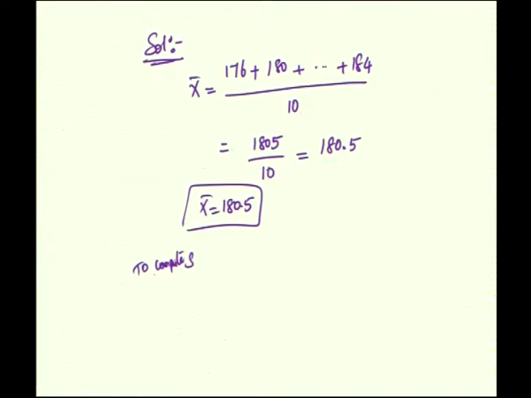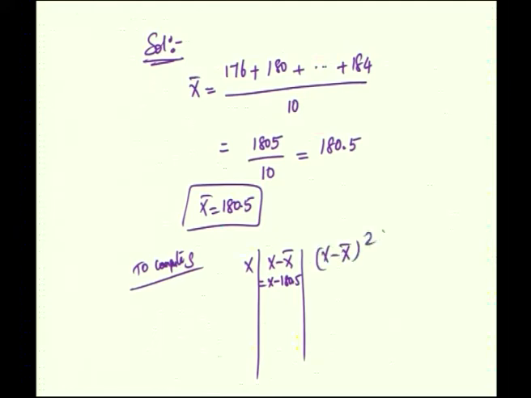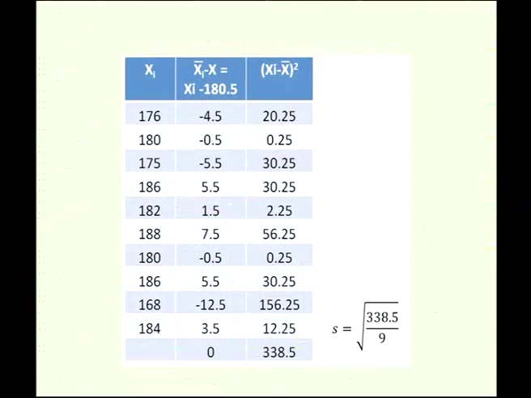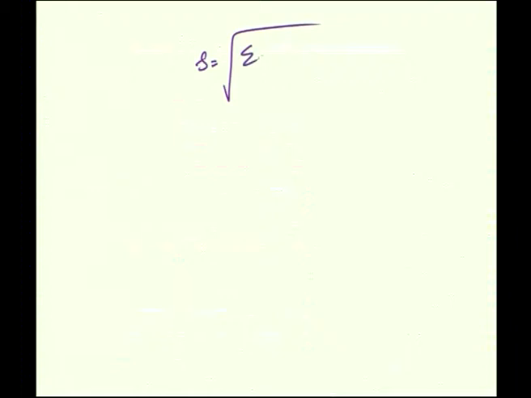To compute s, x is taken first, then x minus x bar is taken, which is x minus 180.5, and x minus x bar whole square is taken. All these values are calculated, and s is equal to root of summation x minus x bar whole square by n minus 1.